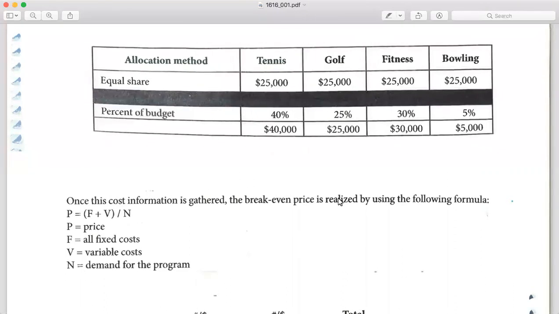What we're going to be talking about is finance. Financial management is one of the key sections of the CPRP exam, is based upon 14 finance tasks, and represents approximately 17% of the items on the exam.